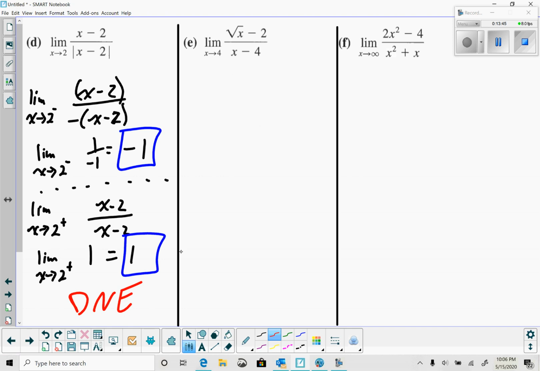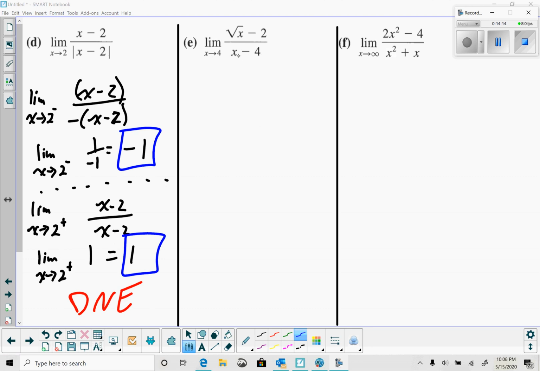For part E then, you had to get really creative when it comes to factoring. One of the things to look for here is the fact that your numerator is square root of x, your denominator is x to the first.